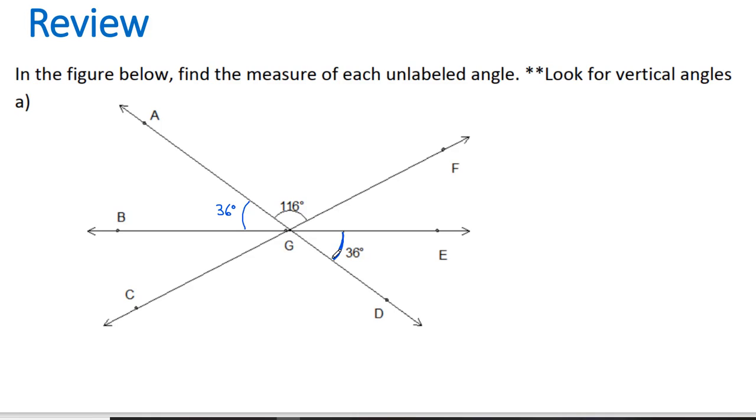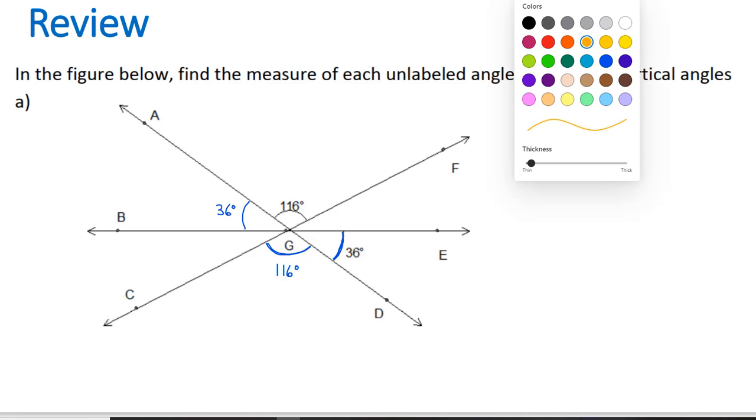So angle AGB is 36 degrees. And then angle AGF is 116 degrees, so it's a vertical angle pair, and the one across from it, CGD, is also 116 degrees. So now what we need to do is solve for one of these missing angles.